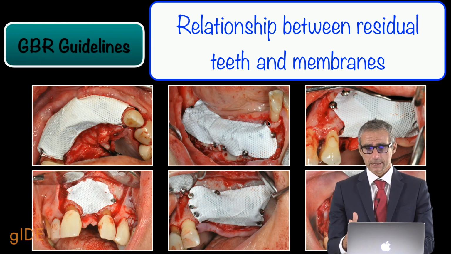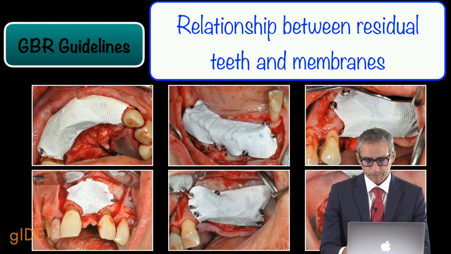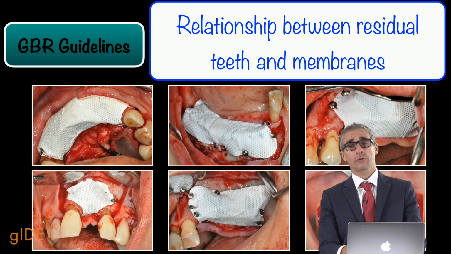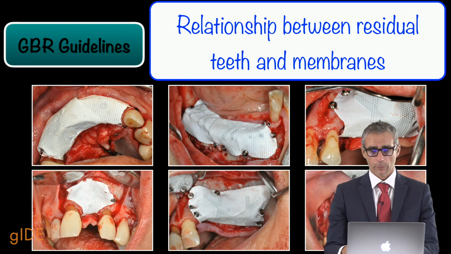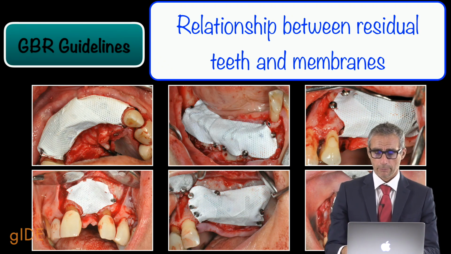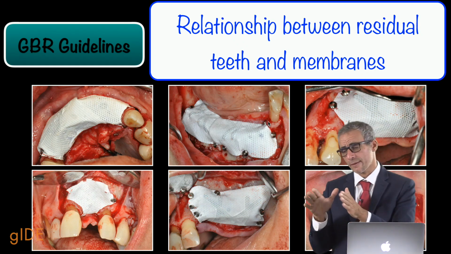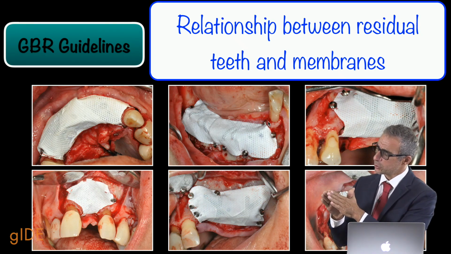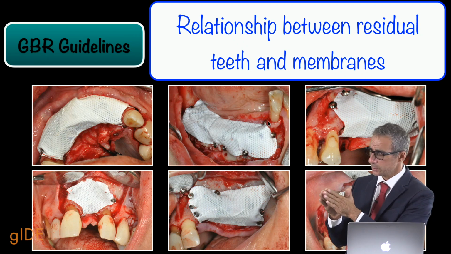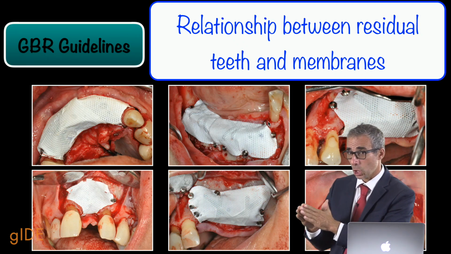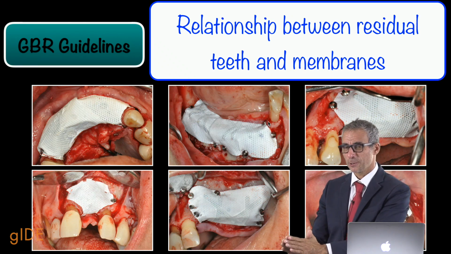And for this we have to close perfectly the soft tissue on top of the membrane, but at the same time we have to guarantee that the soft tissue after the closure is placed perfectly in contact with the bone.